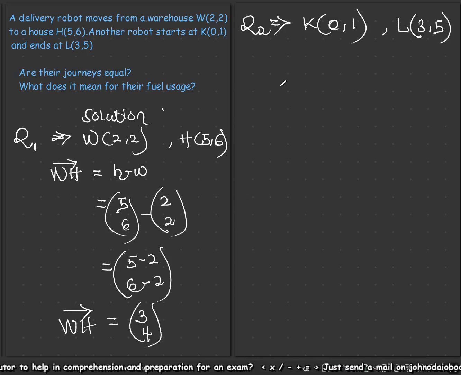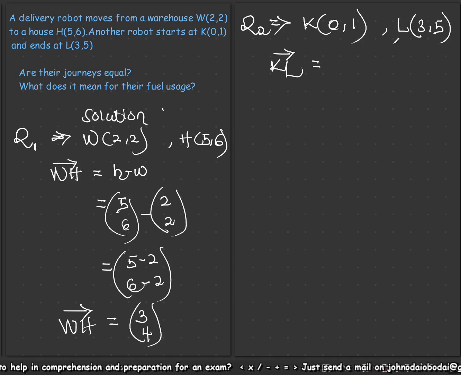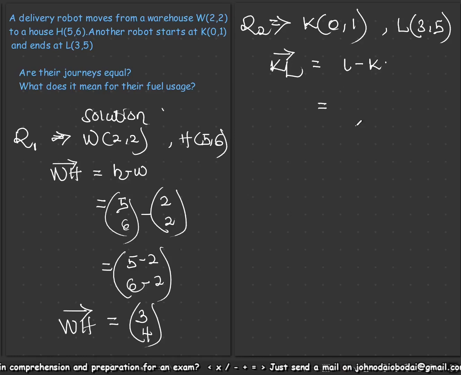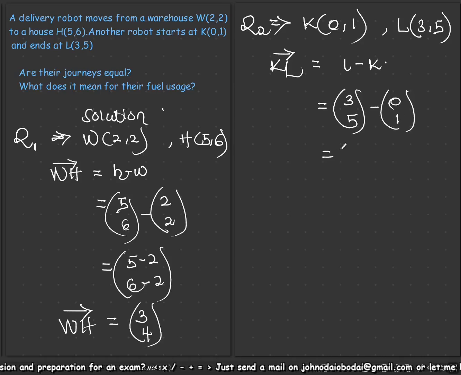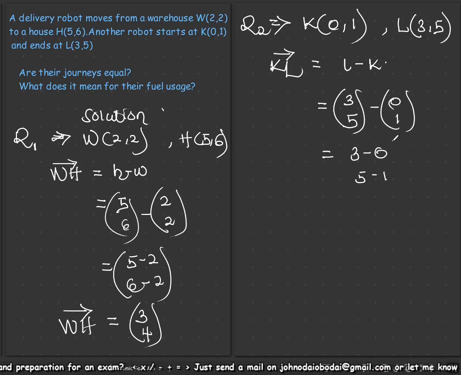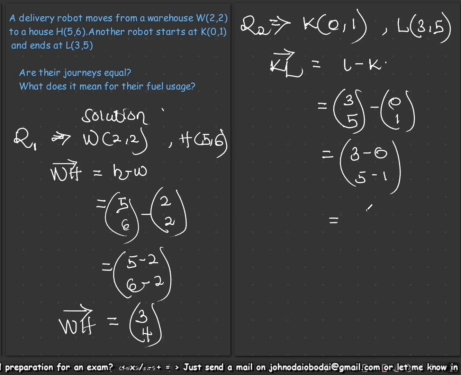If we want KL, it's going to be position vector L minus position vector K. L was given as (3, 5), minus K, which is (0, 1). Evaluating further, we have 3 minus 0, then 5 minus 1, giving us (3, 4).